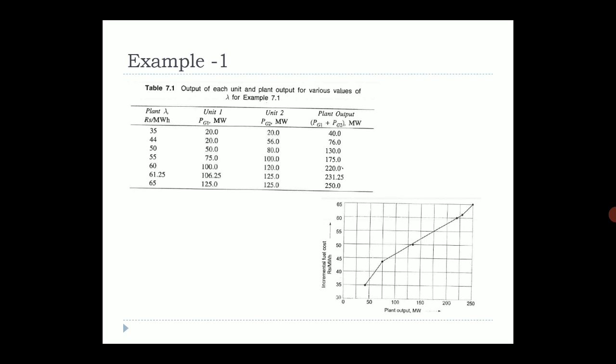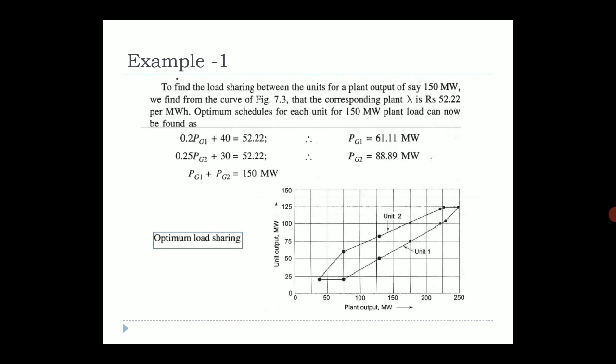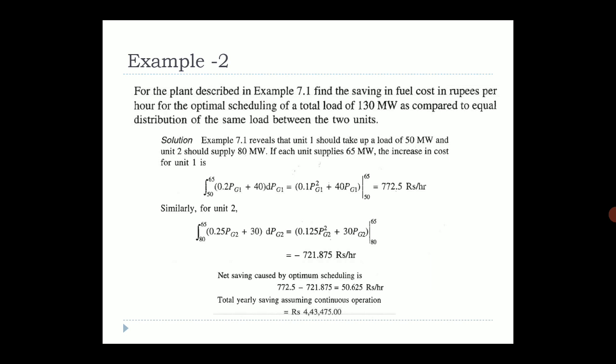For 130, the total plant load, unit 1 should take 50 and unit 2 should take 80 megawatt in order to have an optimal scheduling of the generators economically.